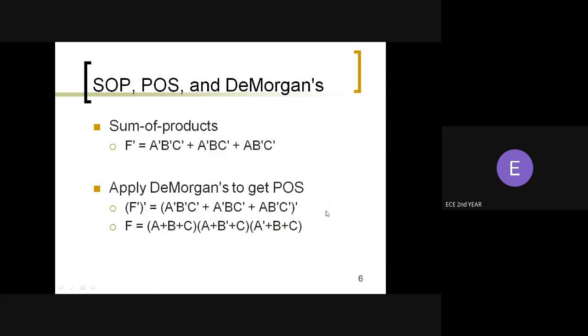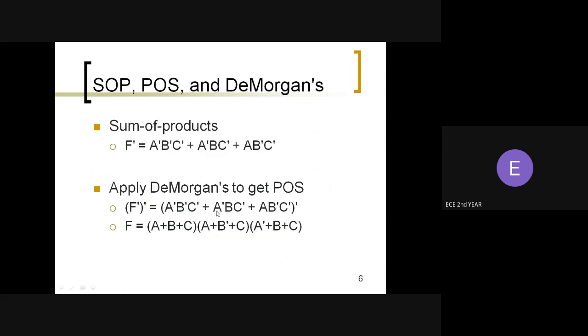Okay. So if you apply the whole bar according to De Morgan's rule, this SOP will be converted to POS like this. For example, you see here A bar B bar C bar. You have to apply inversion, which is nothing but A, B and C. So the first expression A bar B bar C bar is converted to A plus B plus C, and the second term A bar B C bar.